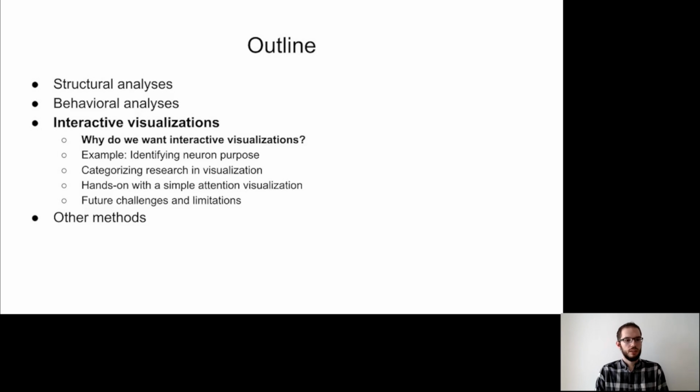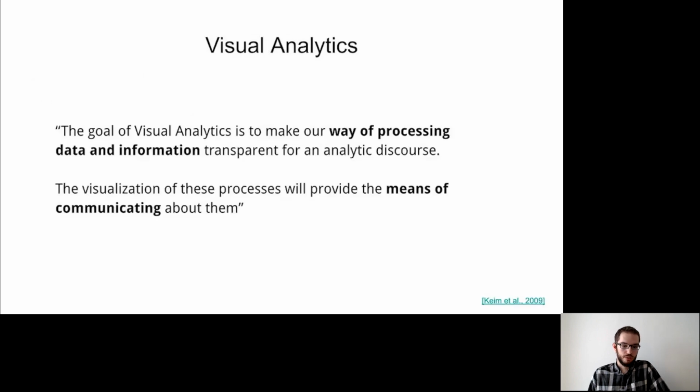Then I'm going to take a step back, and talk about a categorization of the research in visualization based on different properties and goals. Then I'm going to have a little hands-on example where we're going to build a simple attention visualization based on the Hugging Face Transformers interface and the D3 library. As the last part, I'm going to talk about future challenges and limitations of the current methods if you are interested in doing this research yourself.